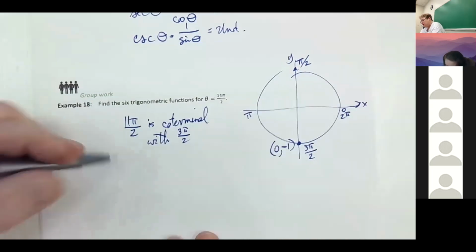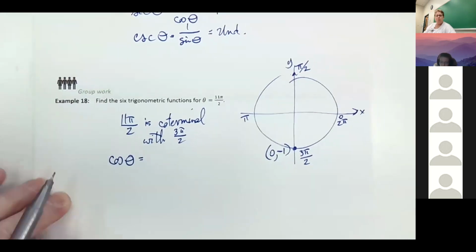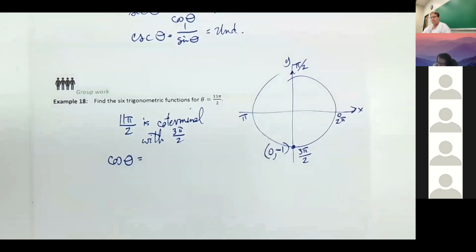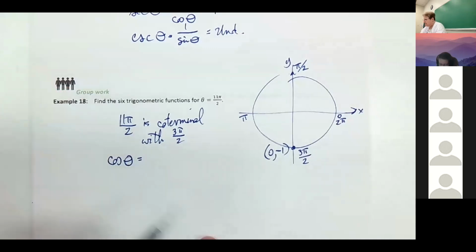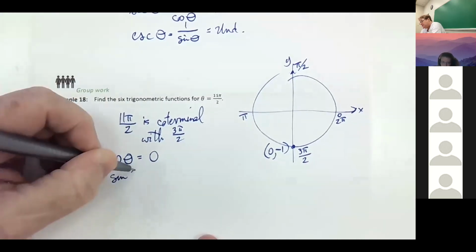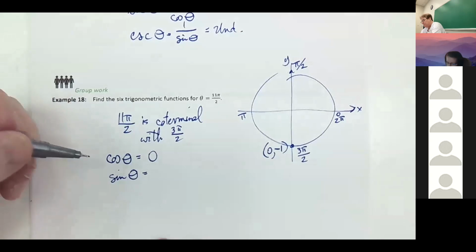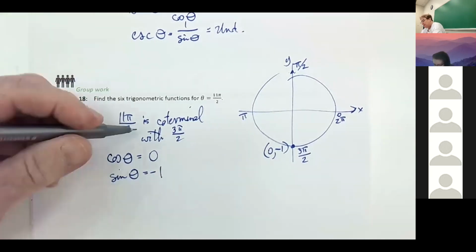So what is the cosine of that angle? Cosine goes with x. And what is that? Good. What is the sine of that angle? And then everything else goes from there.